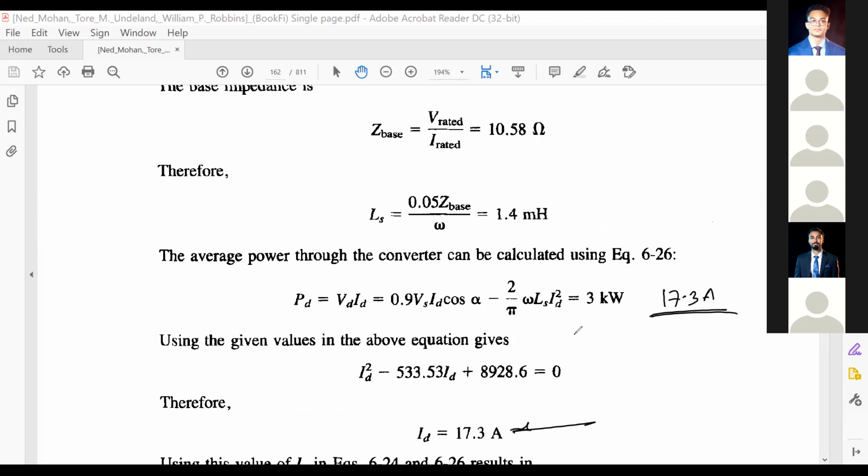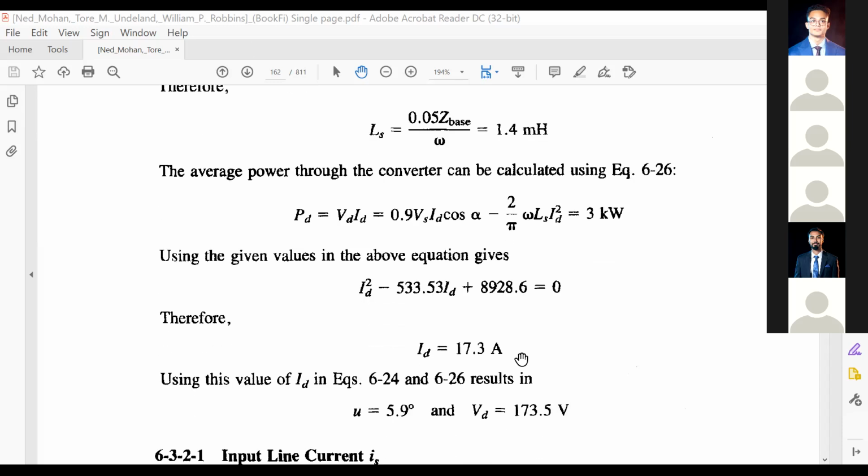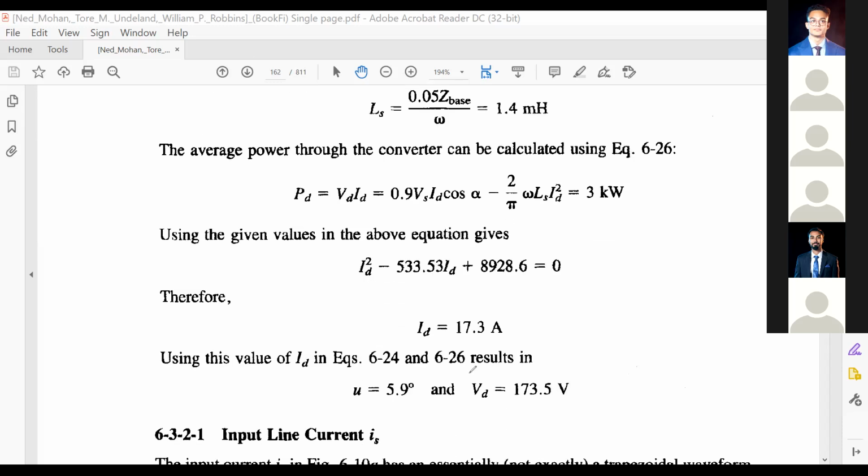If you find this, then you go back to your equation again. Cosine of alpha, then put omega LS, ID, everything is known to you. Just substitute all these things and you will get the VD. So this VD will be 173.5.